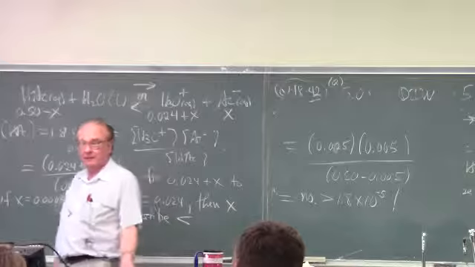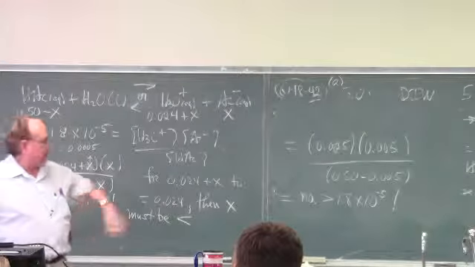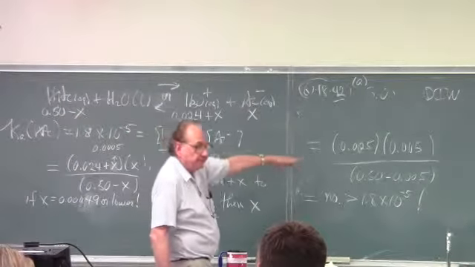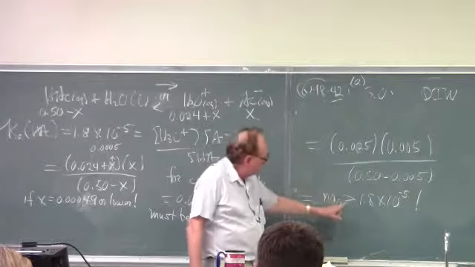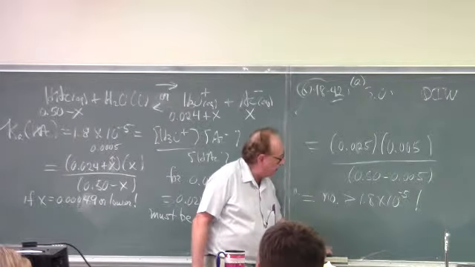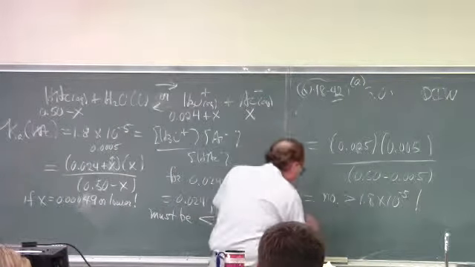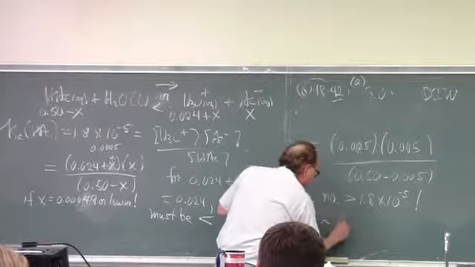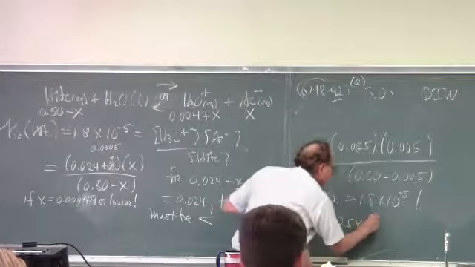What's that mean? If I do this arithmetic and get a number that's bigger than 1.8 times 10 to the minus 5, in fact, what I'll get is about 2.5 times 10 to the minus 5.